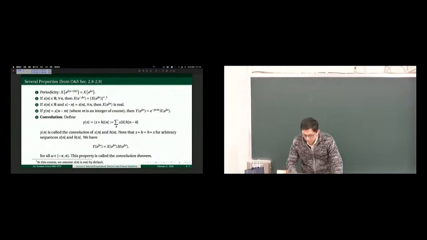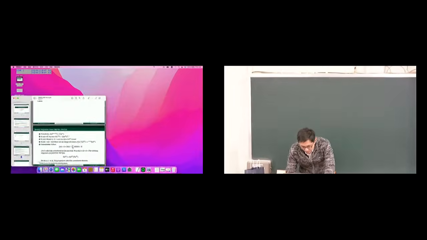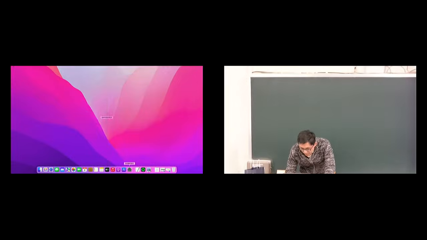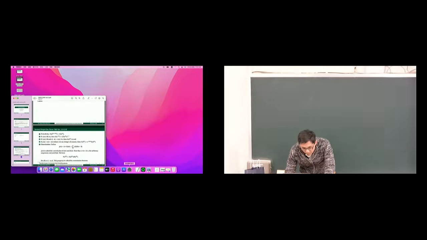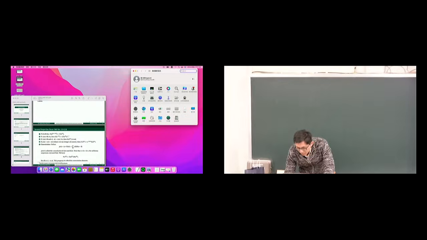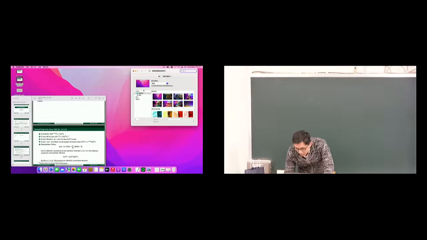Can we set this so that it never sleeps? This is not my computer. Let me set it so it doesn't sleep. Where should I go? Maybe here. Is it here?